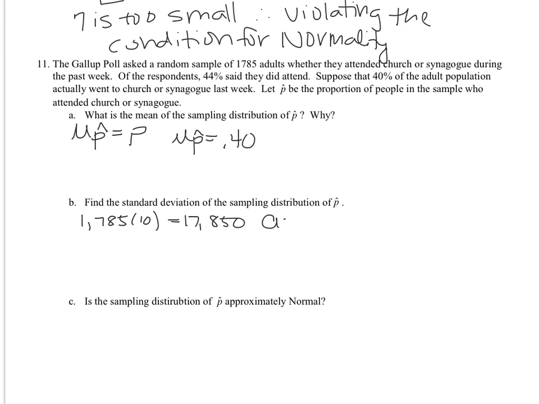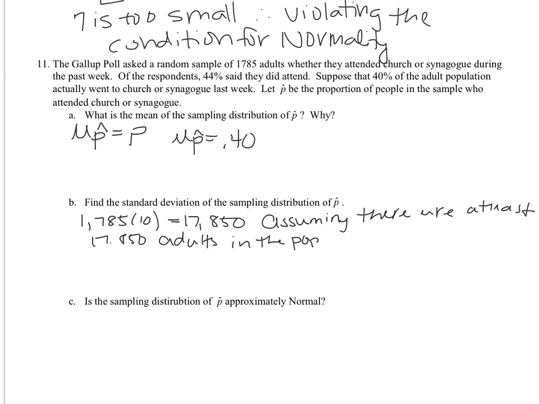So, assuming there are at least 17,850 adults in the population, okay, so the 10% condition is met, assuming that that's true.